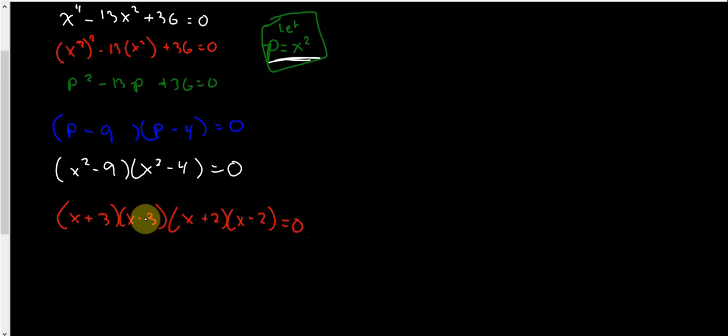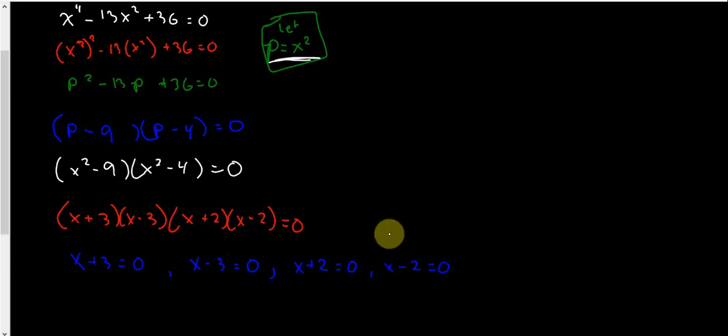Oh, and I have a bunch of factors multiplied equal to 0. I can still apply my same principles, where I let each factor equal 0. And I can solve each one to get, in this case, not 2, but 4 different solutions.